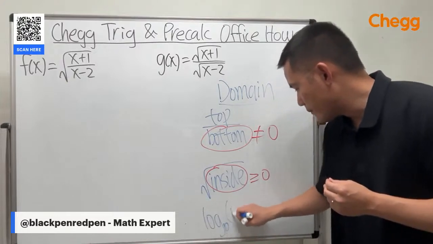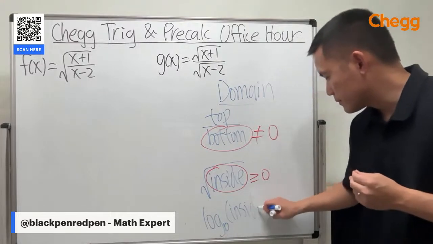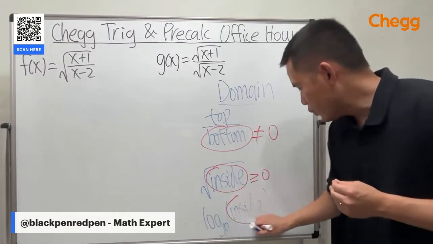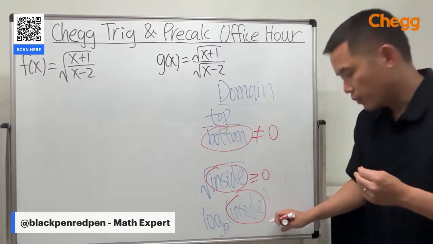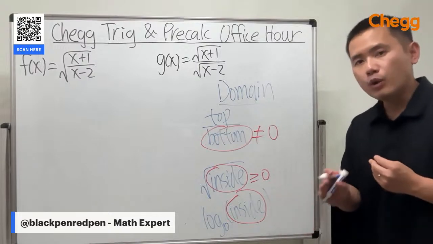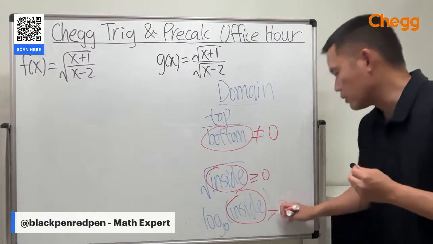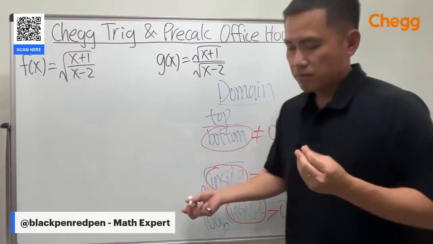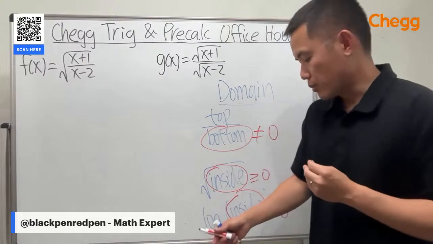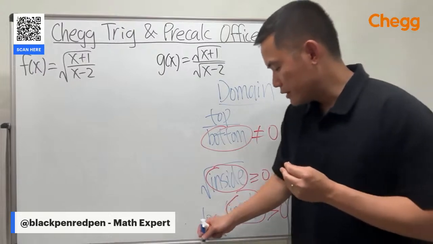Lastly, when you have a log function, you also will have to make sure the inside cannot be negative and it also cannot be 0. So this right here has to be greater than 0. These are the 3 cases that you have to worry about to find the domain.